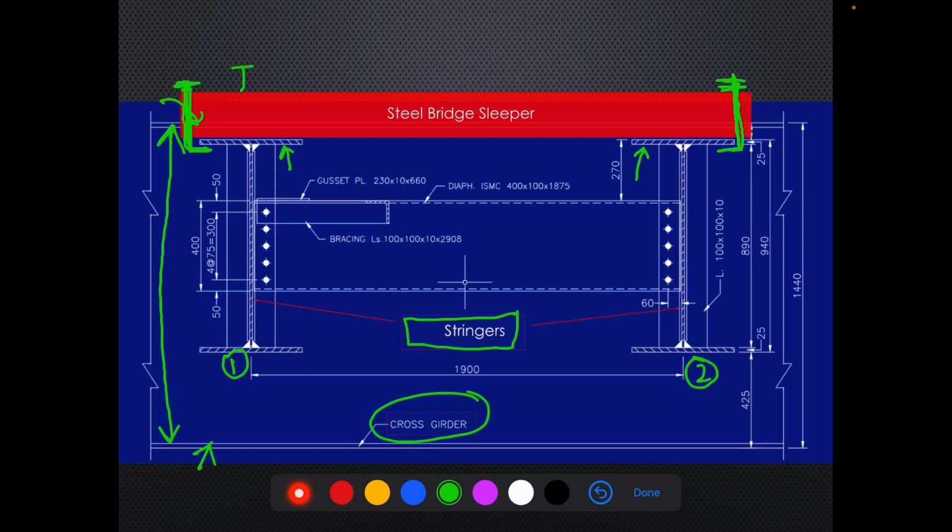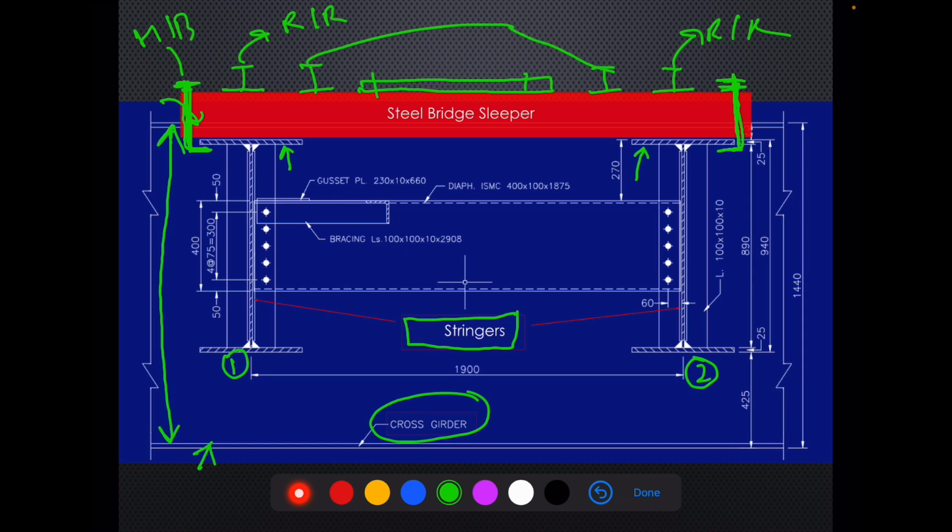And this is how our running rail comes. And here is the guardrail. Okay, yeah. And here is the inspection platform fitted. So this is running rail, this is also running rail, this is hook bolt, these are two guardrails, and this is inspection platform.